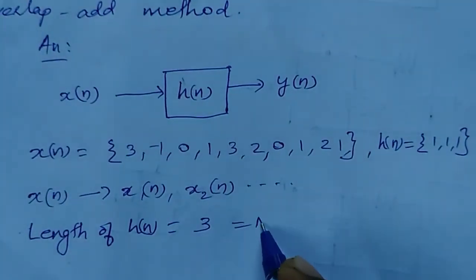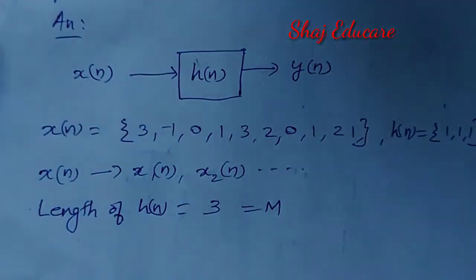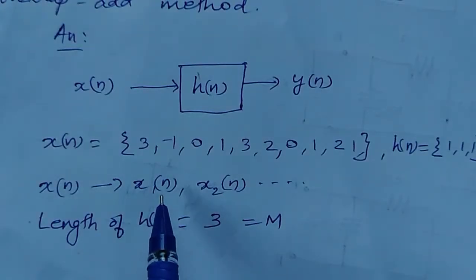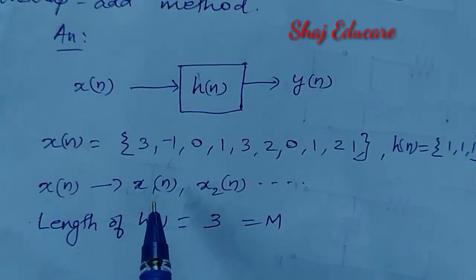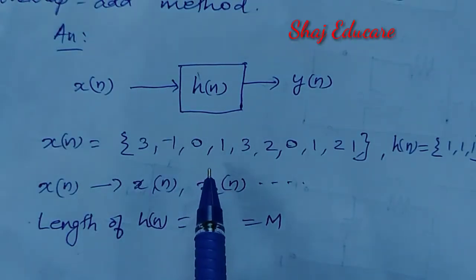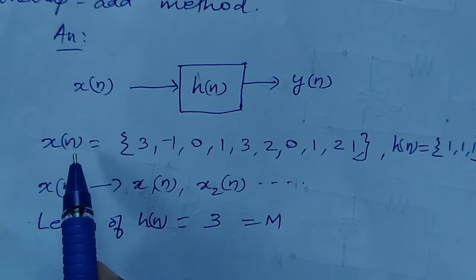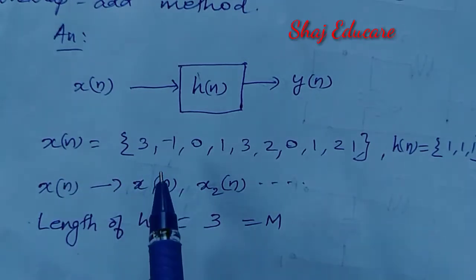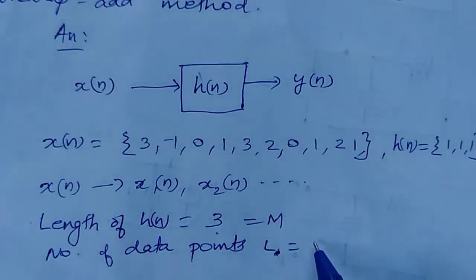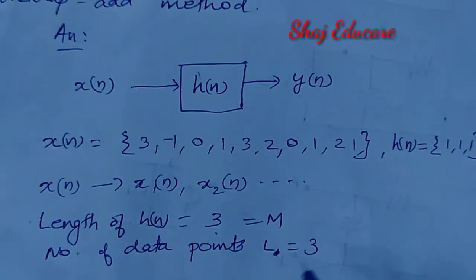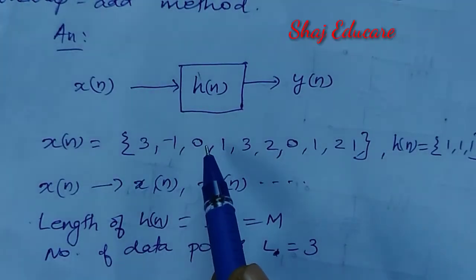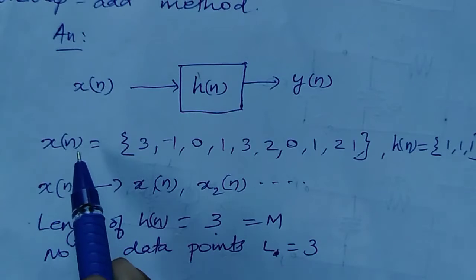It's 3, let it be M. In order to make the data blocks x1 of n, we have to choose a data length, meaning the number of data points to be chosen from the discrete signal x of n. Let it be L. Take L equal to 3.